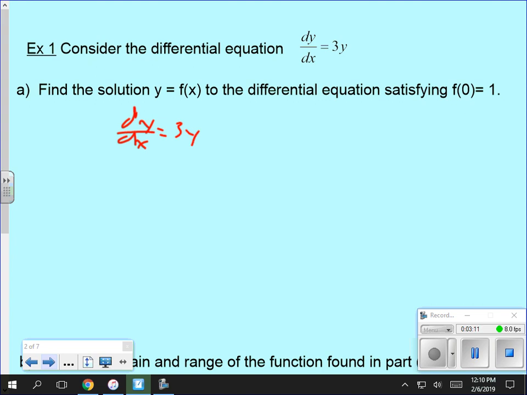But I do have to move the y. Leave the 3 on the dx side. Leave the 3 alone. Just move the y over by itself. So to do this, divide both sides by y, and then multiply both sides by dx. So you end up with 1 over y dy equals 3 dx.